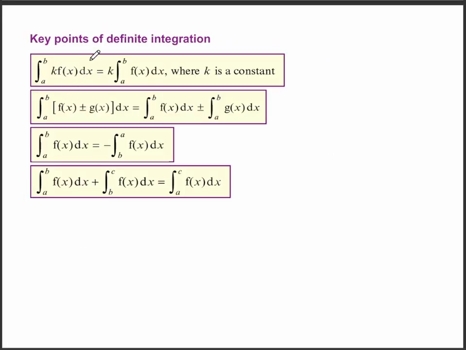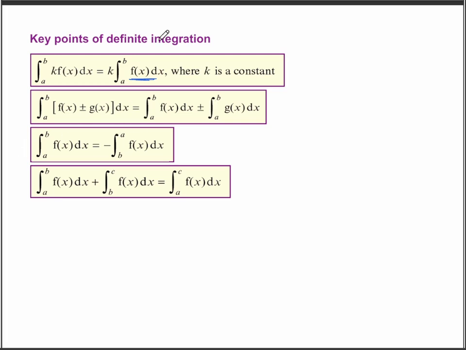These are some key points again of definite integration. Same thing like indefinite, where if you have a constant multiplied by a function and you're integrating that, you can take the constant out of the integral, where you're just going to integrate this and multiply the constant at the end. Okay? When you are adding or subtracting two functions, again, same like indefinite integral, even with limits, you can add them separately.